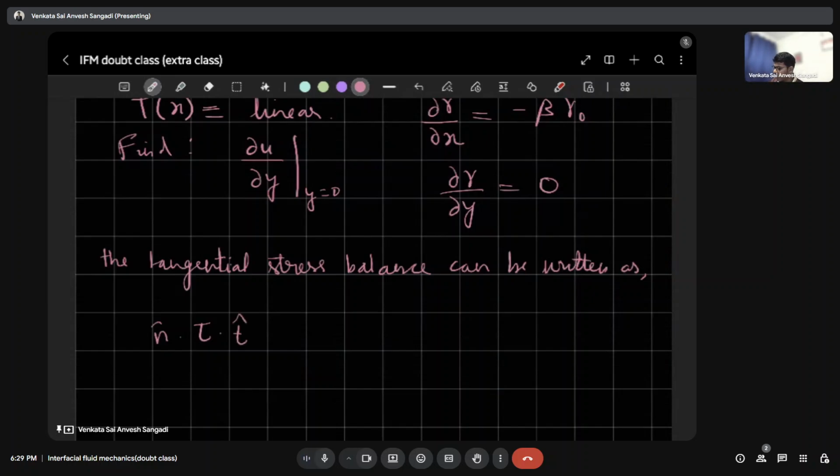Therefore, on the plus side, minus n hat dot tau dot t hat on the minus side is equal to minus t hat dot del S gamma.